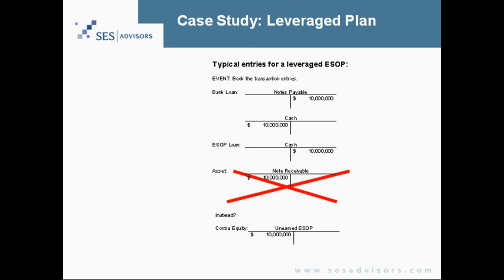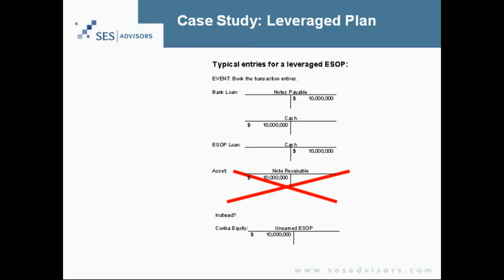And we'll sometimes see ESOP transactions recorded this way with a $10 million asset offsetting the note, and essentially in that type of structure the company's equity section is more or less unchanged by the transaction. But instead, SOP 93-6 says we're not recognizing an asset for the receivable from the ESOP. After all, the ESOP's only source of income is contributions and dividends paid by the company.